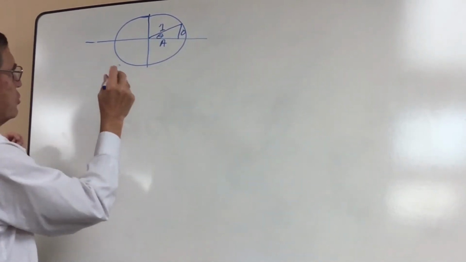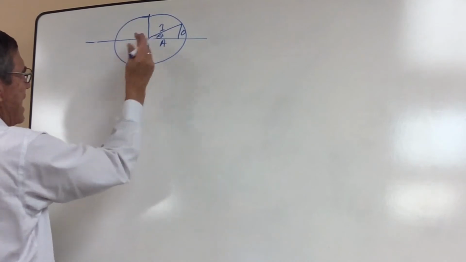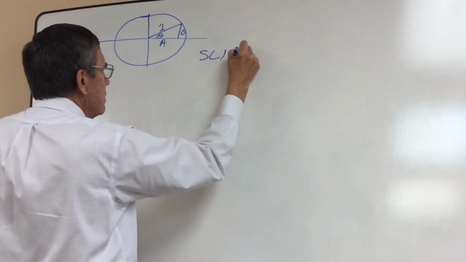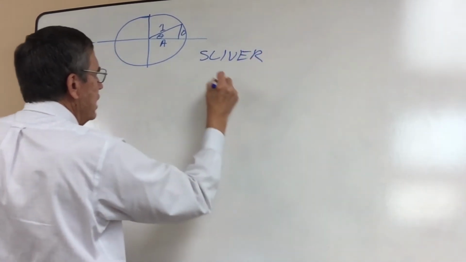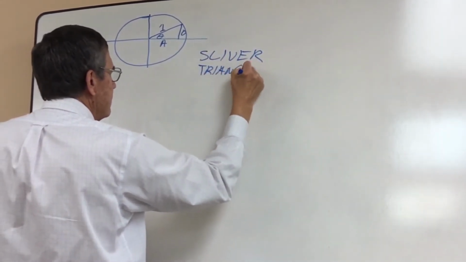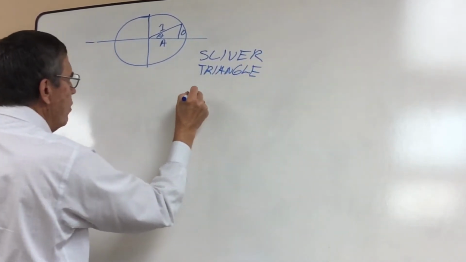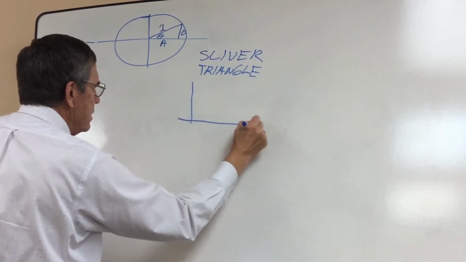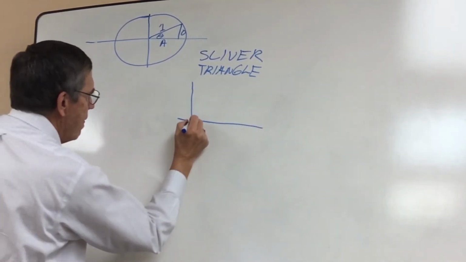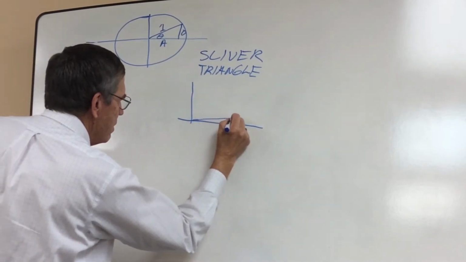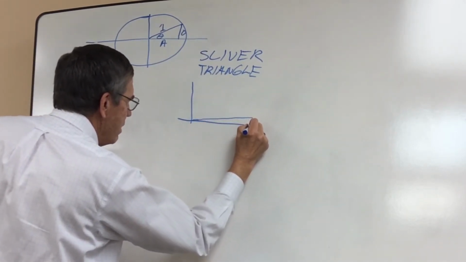Now, what I like to visualize when I'm at these axes is a sliver triangle. What that would look like if I just drew the axes here, say the first quadrant, is a very narrow triangle.